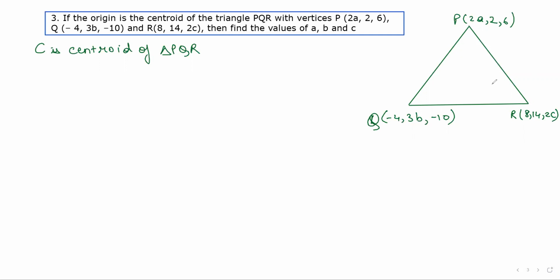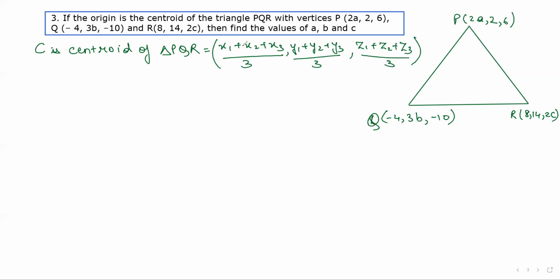If this is the scenario, we know that the centroid is given by (x1 plus x2 plus x3) upon 3, (y1 plus y2 plus y3) upon 3, (z1 plus z2 plus z3) upon 3, where x1, y1, z1 are the coordinates of P, x2, y2, z2 of Q, and x3, y3, z3 of R.